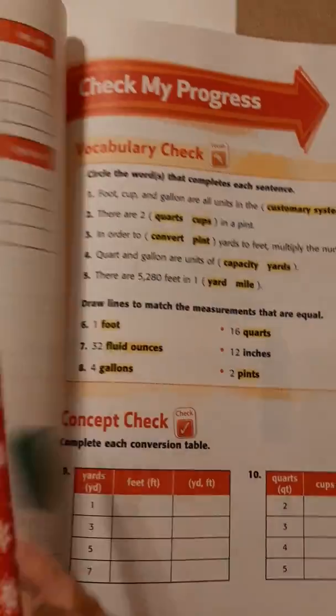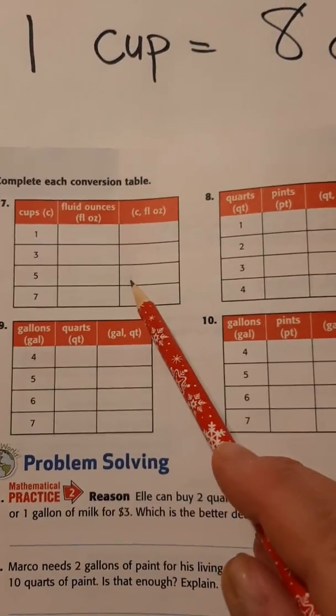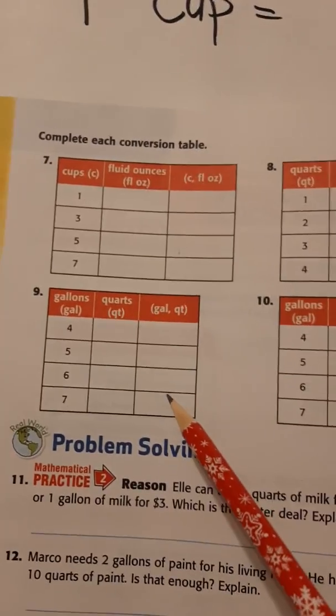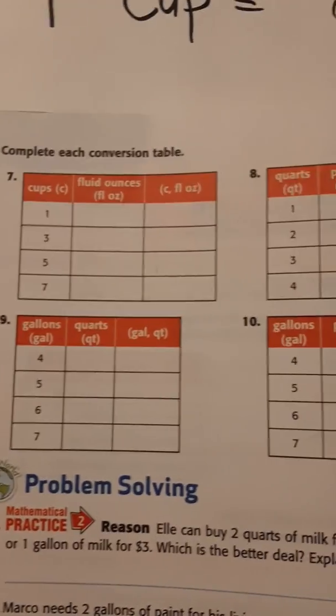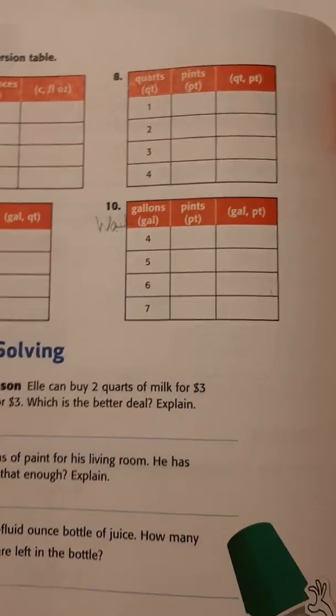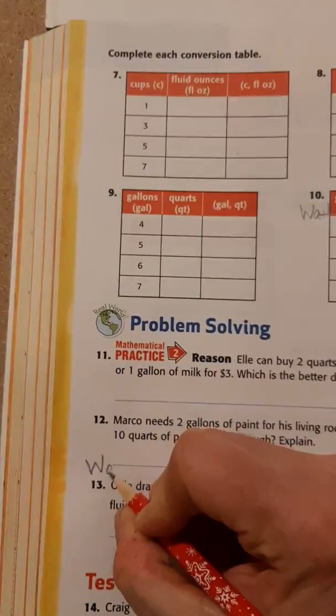You're going to turn the page. You're going to do this. It is number 7. Now number 8, number 9, not number 10, wait. And then down here you're going to do it, but you're going to wait on number 13.